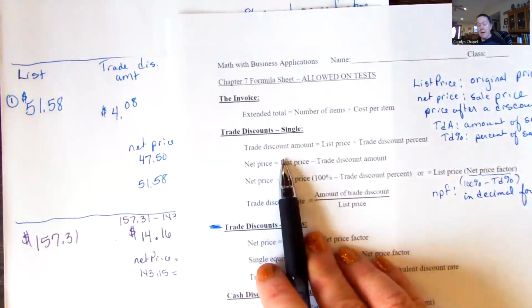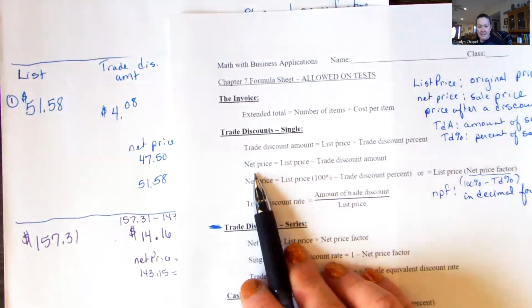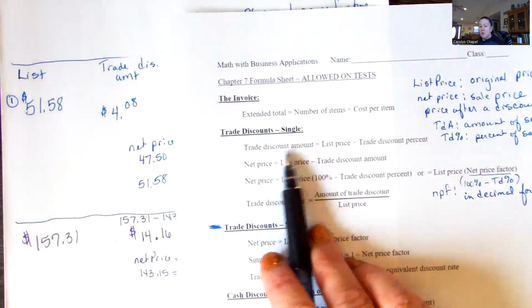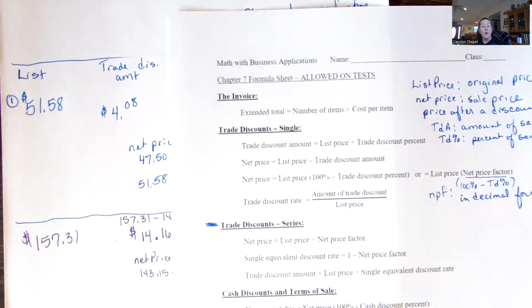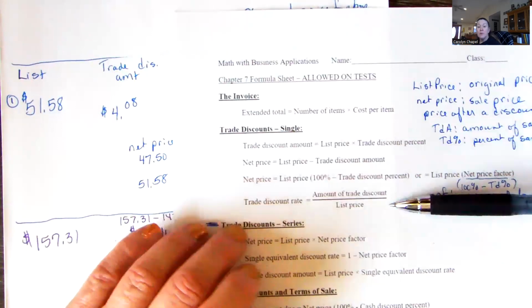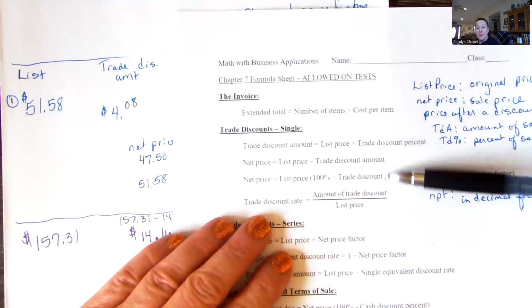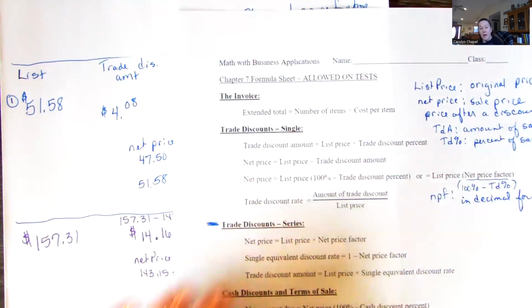That's the amount that they're saving. Our net price is the sale price, the amount after our discounts. So just get used to using that terminology, and the more you do, the better you'll get. Be aware that we will sometimes have to rearrange these formulas, so they may not come in the form that you want. Just keep that in mind as well.